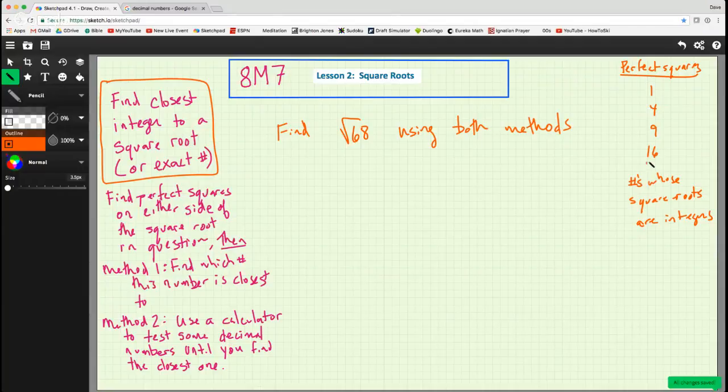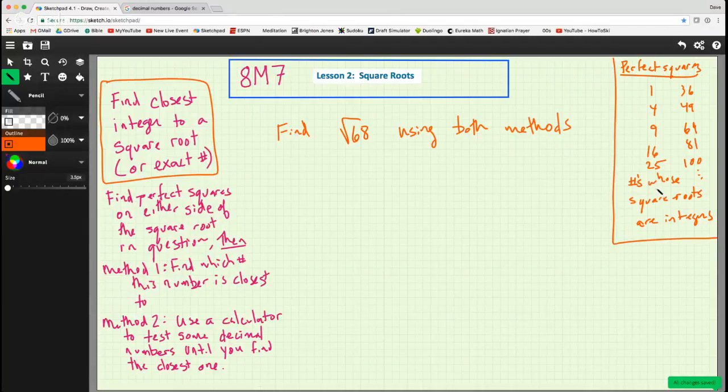Those are perfect squares. 25, 36. You learn these in maybe 2nd, 3rd, 4th grade. 64, 81, 100. Those are perfect squares, and they keep going. There's an infinite number of perfect squares.